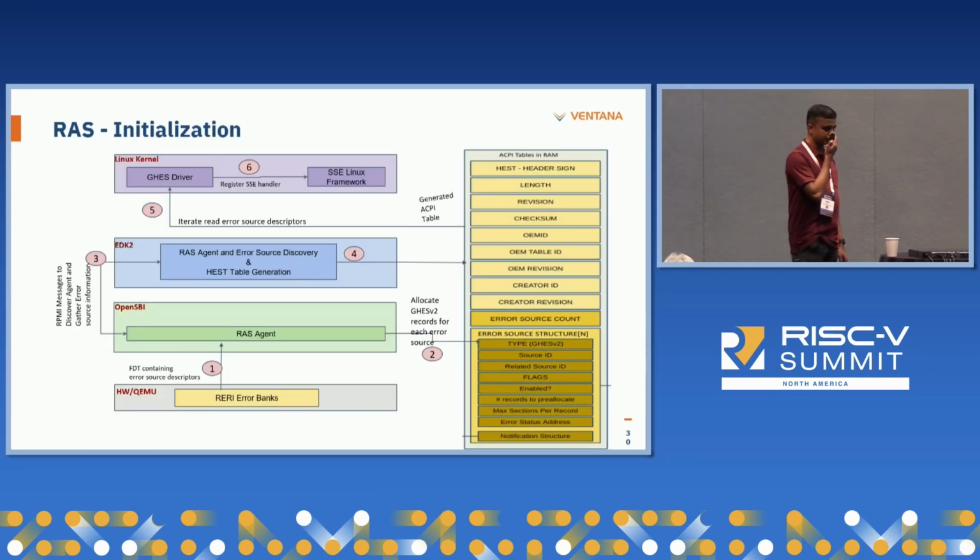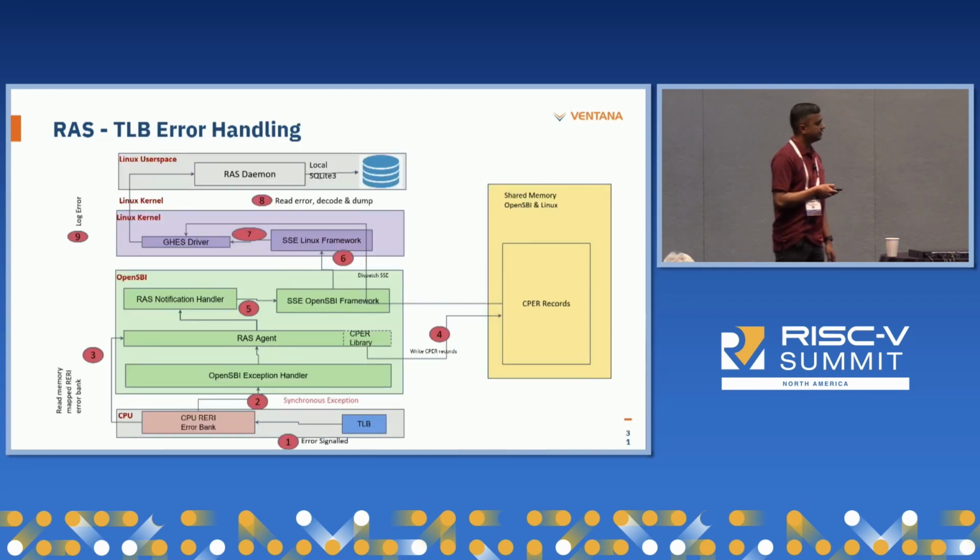At a high level, this is the architecture of RAS. As part of initialization during boot, the RERI error banks are discovered via DT from OpenSBI, EDK2 creates the HEST table, and the operating system discovers that and initializes the GHES as part of the GHES driver. At runtime, when an error happens, the event propagates to the M-mode firmware, which creates the CPER error record.